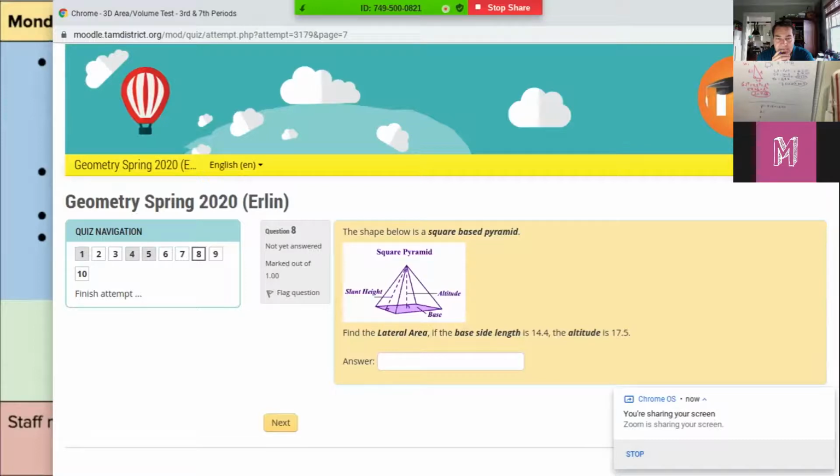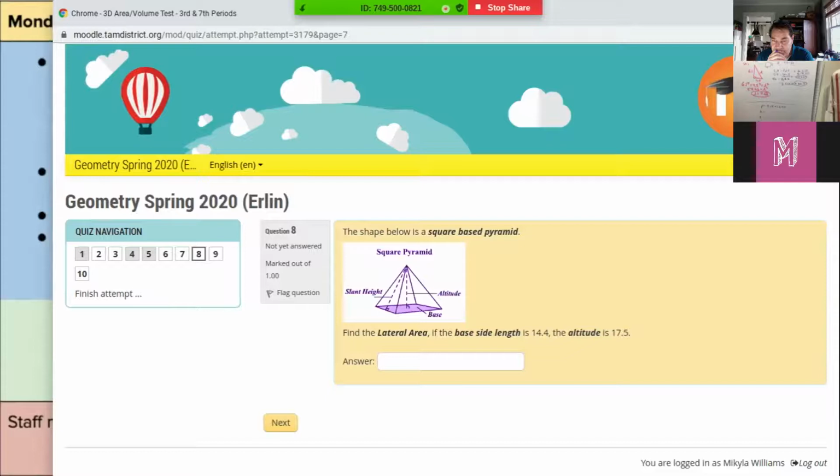I don't know. Good. And this is a square base, right? It says the shape below is a square base pyramid. So if the base side length is 14.4, how do you find the perimeter from that? And it might help to draw out a square.